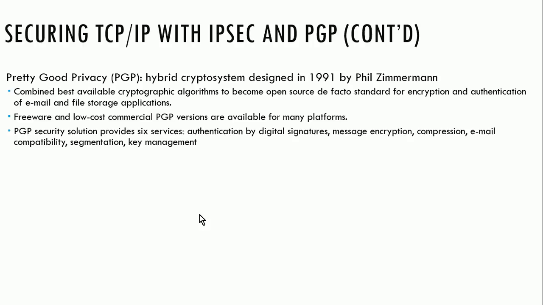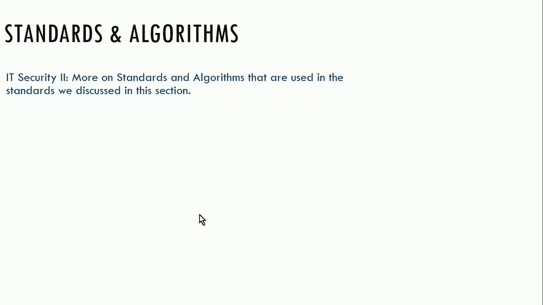Basically it puts together a lot of these open source standards and protocols into one package suite that you can use for authentication and encryption for secure exchange of information. And again, it does employ both symmetric and asymmetric, as well as hashing. All of those tools are part of PGP.